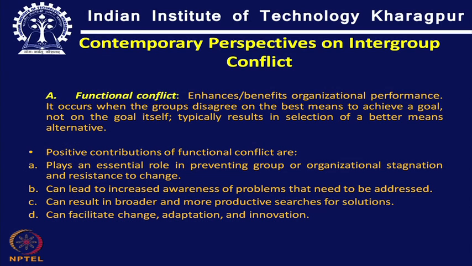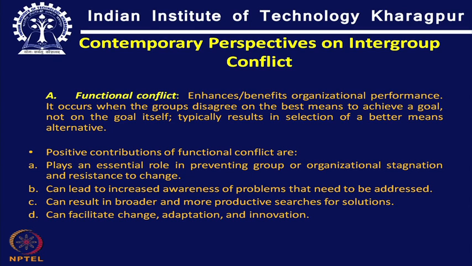What we can do is divide the word conflict into two major subdivisions. One is functional conflict, and the other is dysfunctional conflict. Functional conflict enhances or benefits organizational performance.